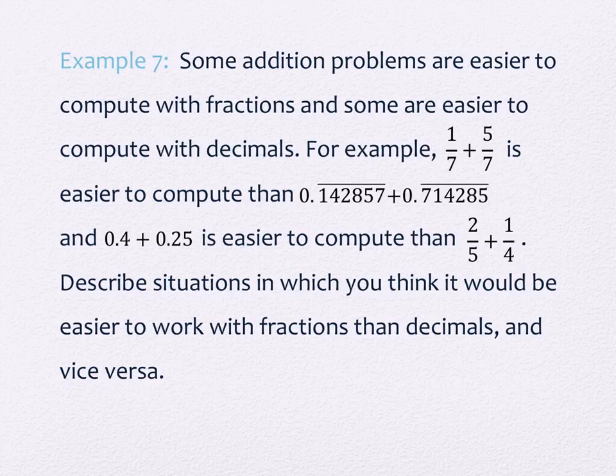It might be easier to work with decimals, but what if I had 1/7 and 1/3? They're not the same, but they're very difficult to work with because I already see 1/7 as 142857 repeating. You can, but it might be easier to make the denominator the same. Why? What about that would be easier than the decimal form? They have a common factor. Okay, but you can change them easily.